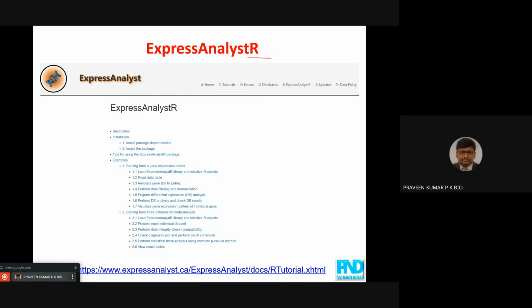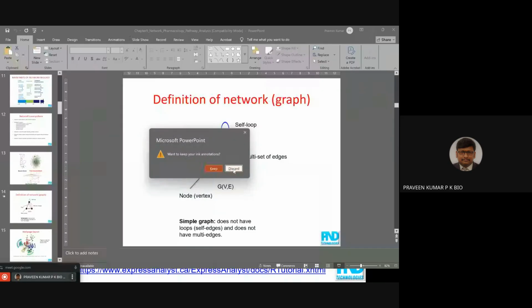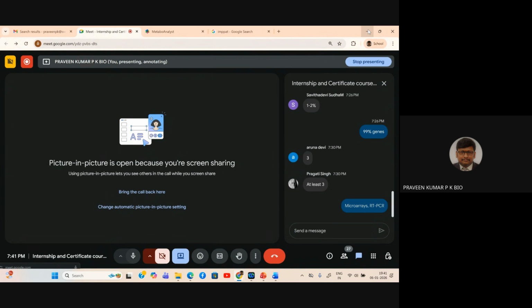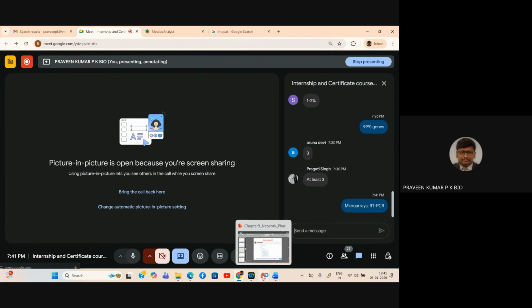So how do we get the gene expression data? What are the wet lab techniques we can use to generate the gene expression data? How are these data posted? Gene expression, earlier we tried with microarrays. Nowadays, many of them are trying with RT-PCR. But whatever data sets we find, most of the data are from microarray experiments.